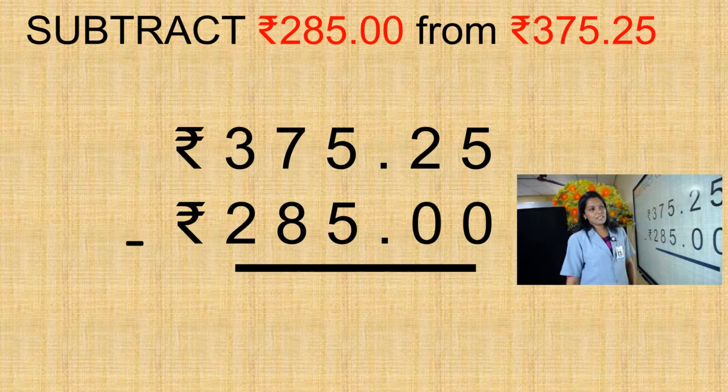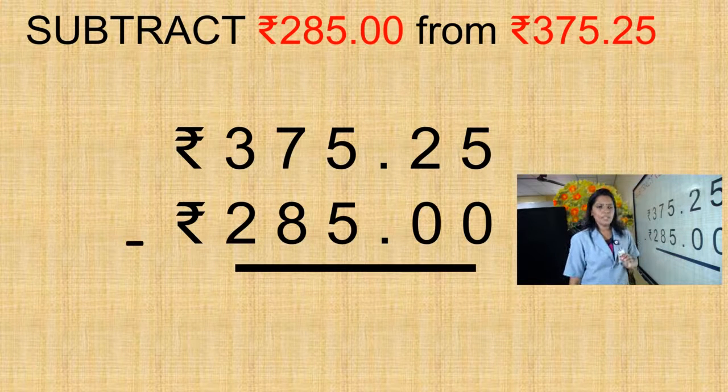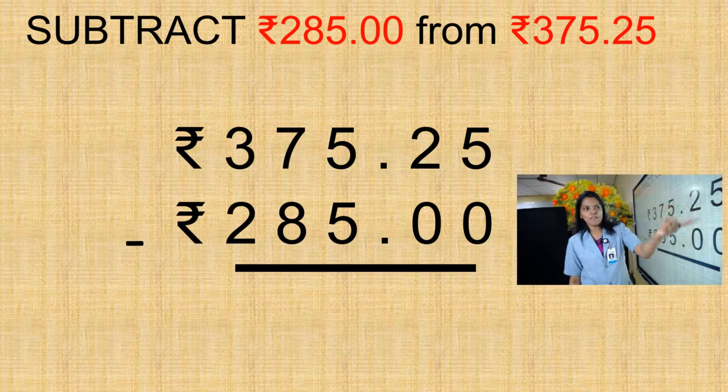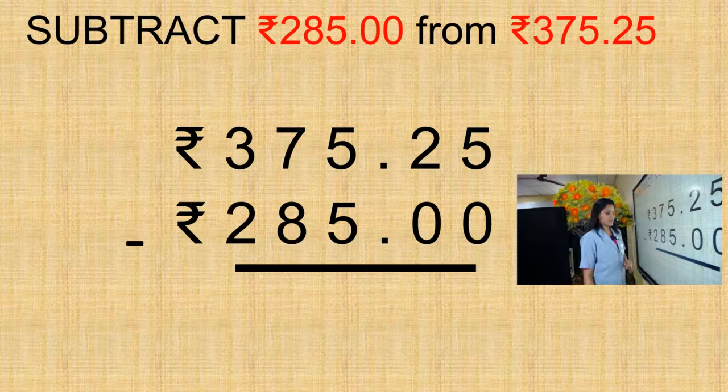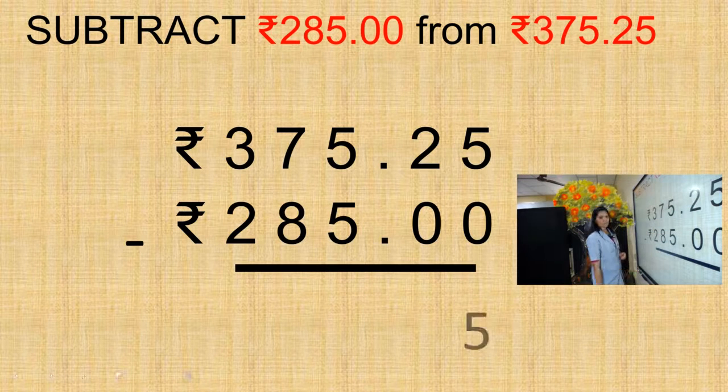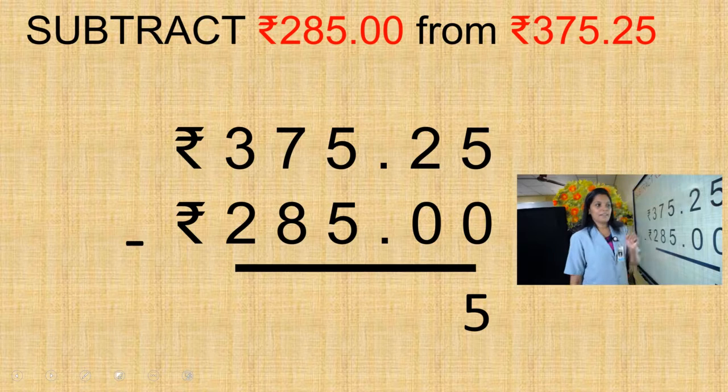Now we have arranged the numbers and we are going to subtract. Do you know how we are doing subtraction? Yes, so I'm not going to explain that anymore. What is 5 minus 0? It is 5.